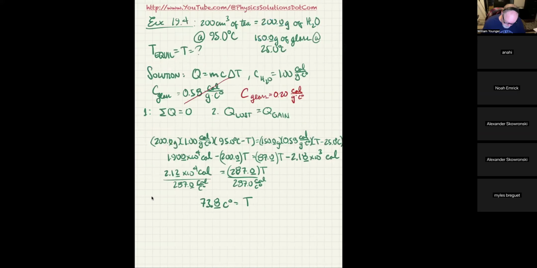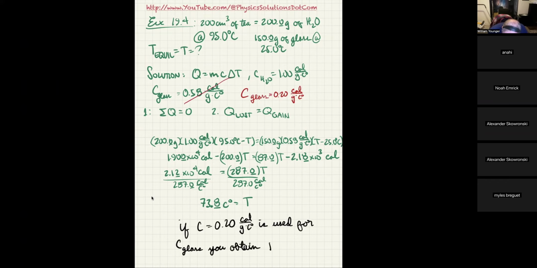So yeah, all the physics was done right. All the numbers I used were consistent with what I had said, but they're not really the correct numbers. So if C equals 0.20 calories per gram Celsius degree is used for C glass, you obtain T equals 86 degrees Celsius.